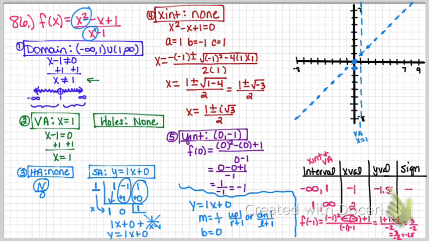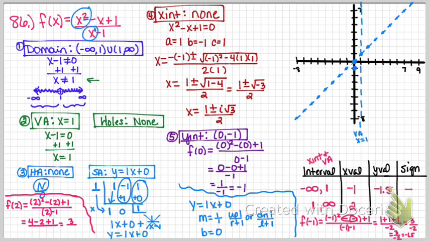Alright, so I'm going to come over here and I'm going to do that other one for my table there. We're going to find f of 2. Plug 2 in, we said, for our x value. So I'm plugging it in. I'm going to work out my numerator. So 2 squared is 4 minus 2 plus 1, which is 3.